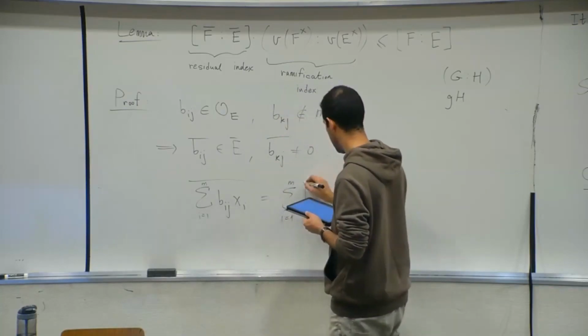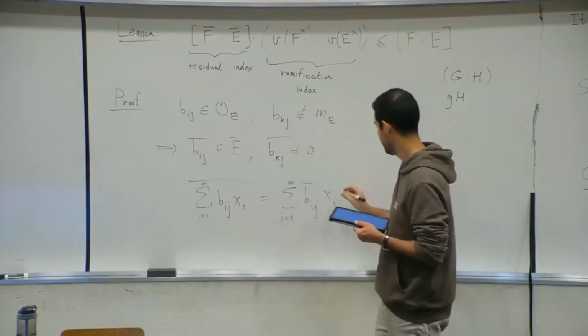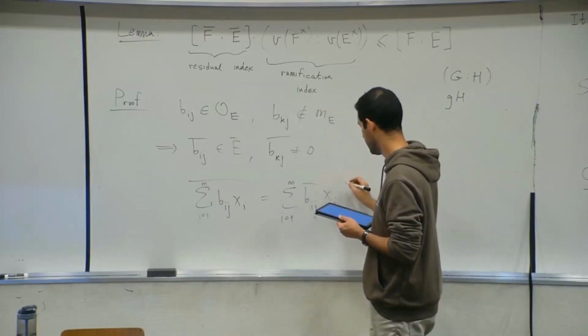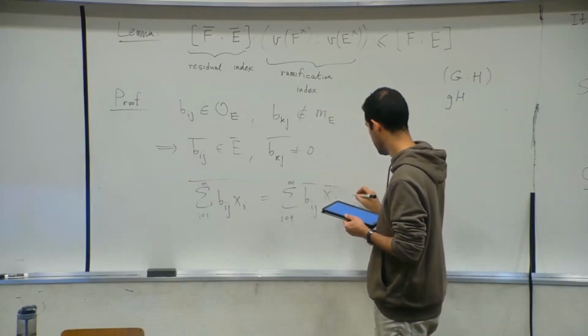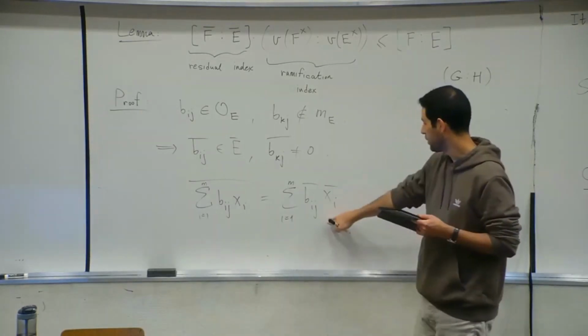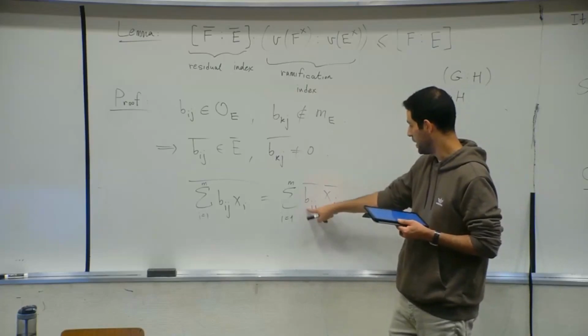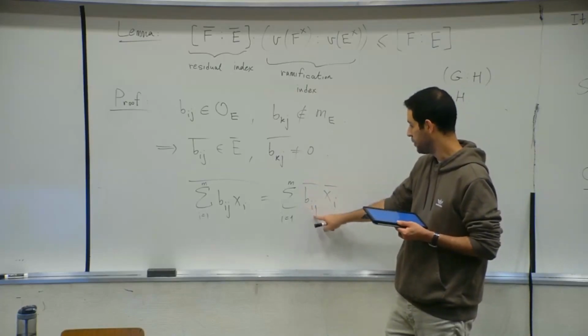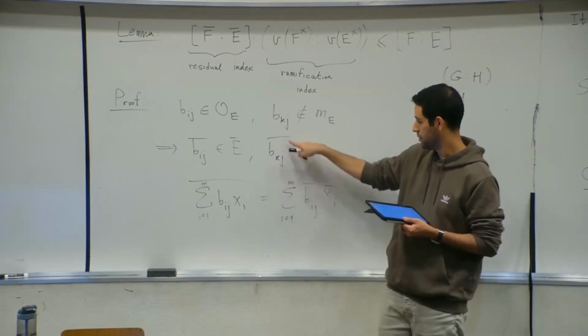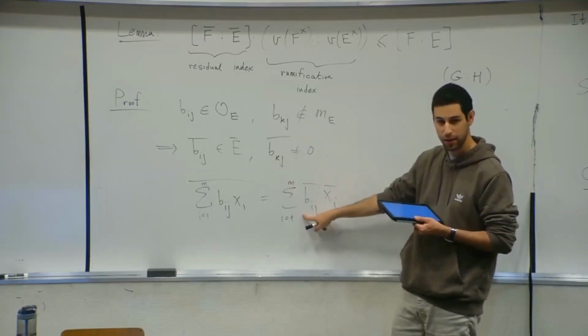I think today we'll just prove the claim and we'll complete the claim next time. So what can we say about this thing? These coefficients belong to E bar. They are not all 0 because bkj is non-zero, and the xi bar are linearly independent over E bar.